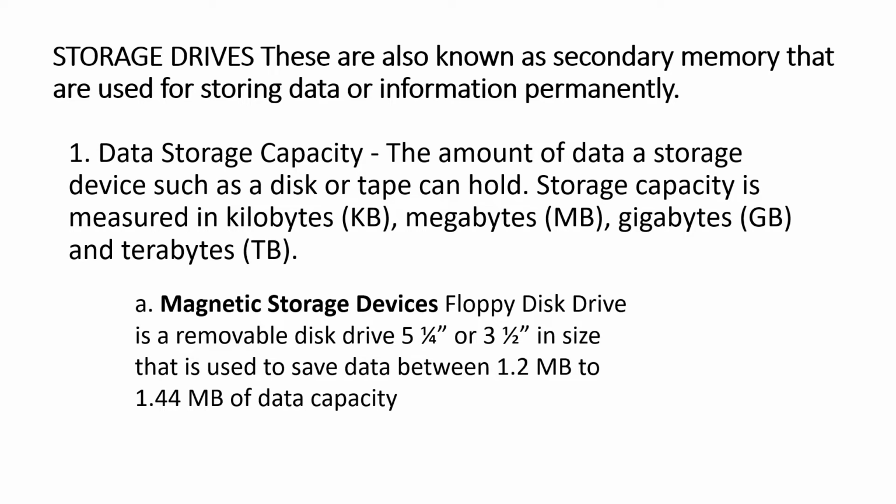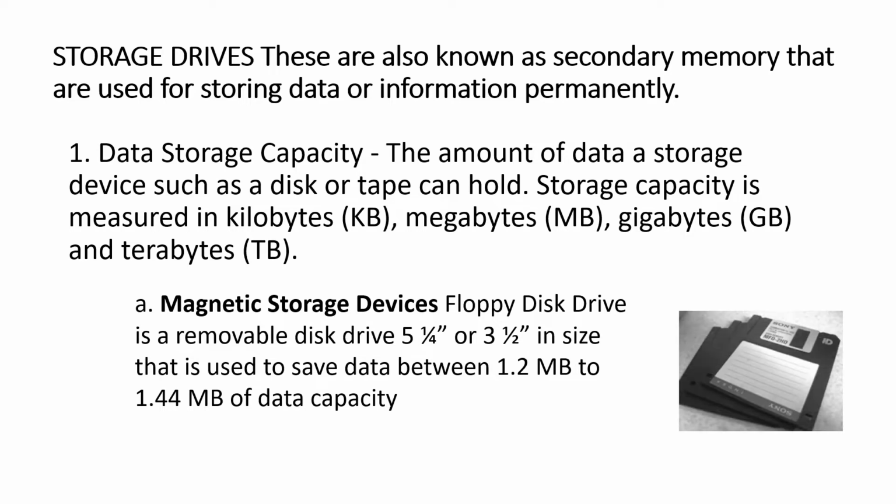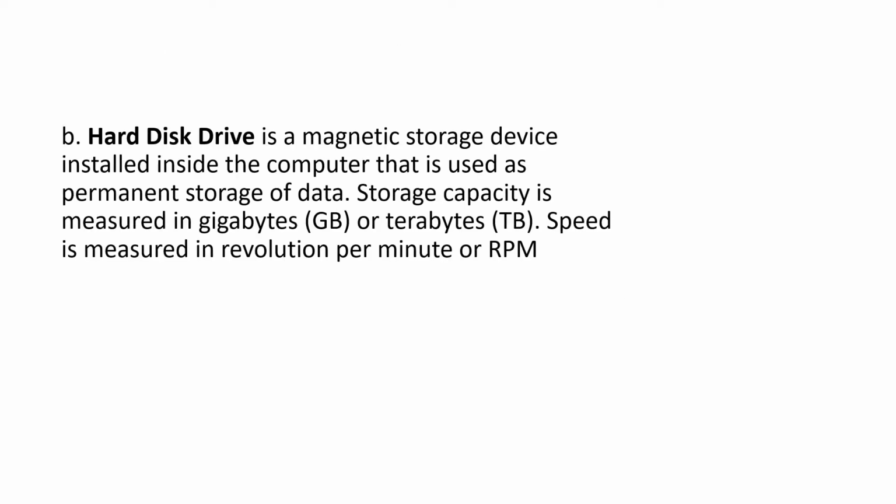Magnetic storage devices. Floppy disk drive is a removable disk drive, 5 1/4 or 3 1/2 inches in size, that is used to save data between 1.2 MB to 1.44 MB of data capacity. Next, we have the hard disk drive.